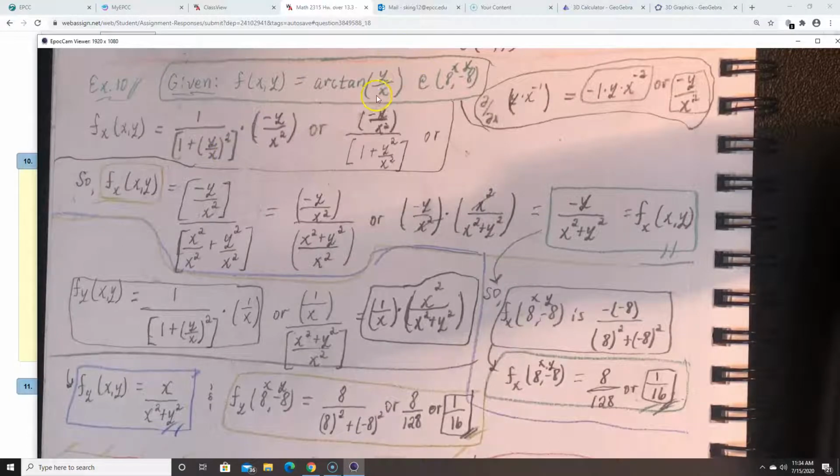So now we have to figure out what's the derivative of this with respect to x. So we now consider y a fixed constant. Pretend that was like 4 over x, and you have to differentiate 4 over x with respect to x.